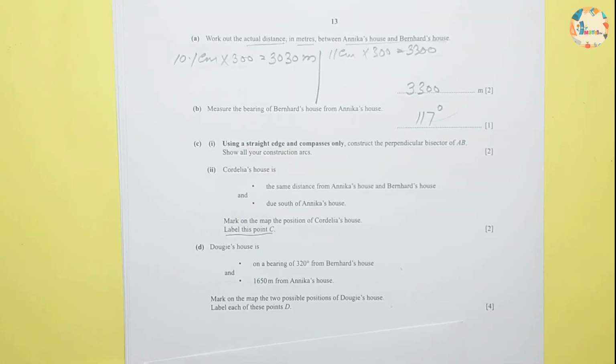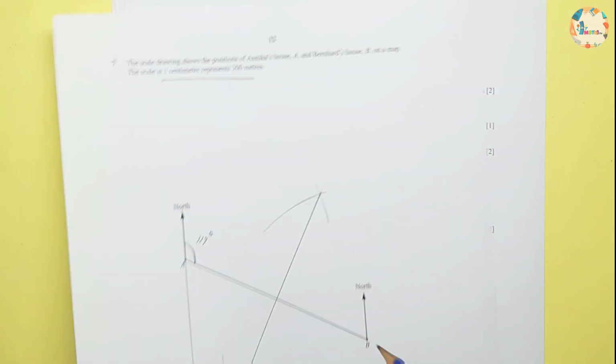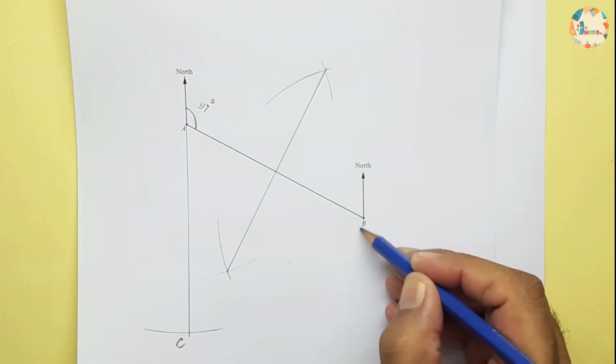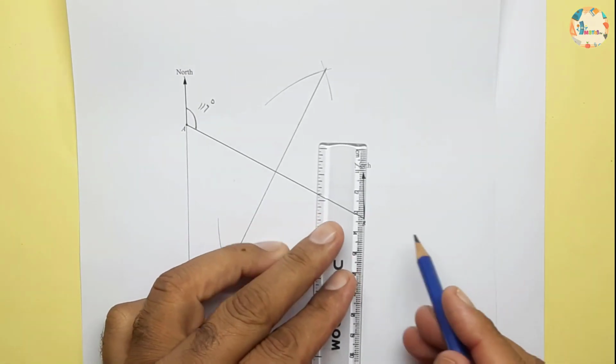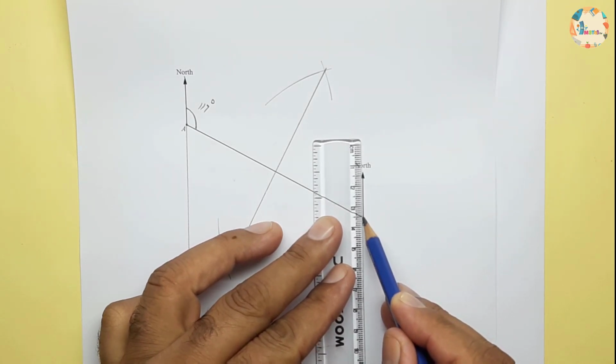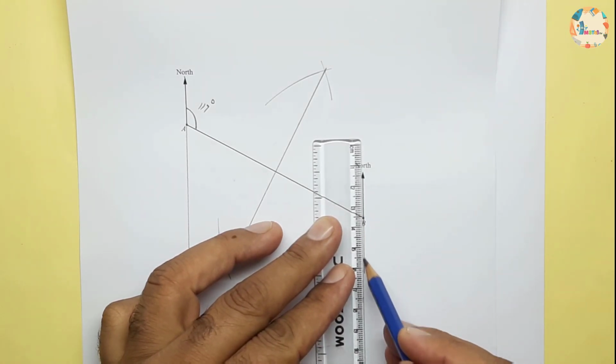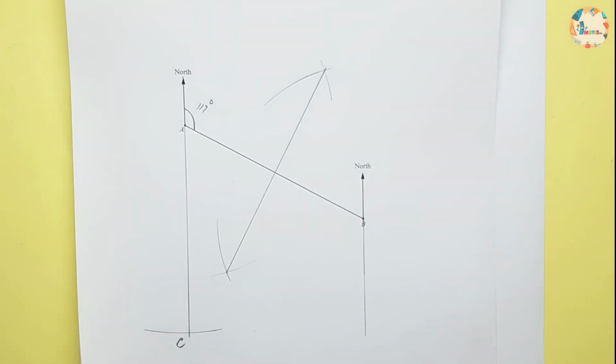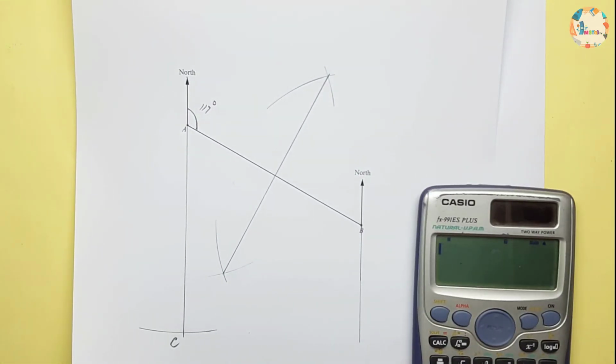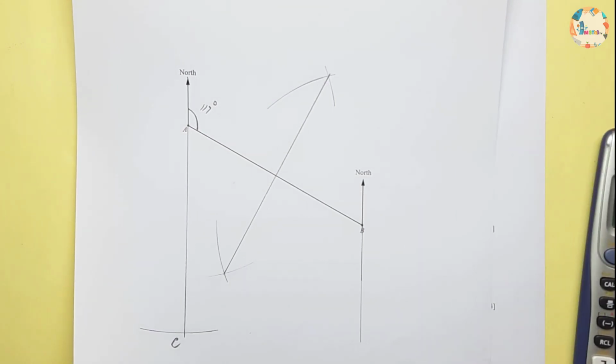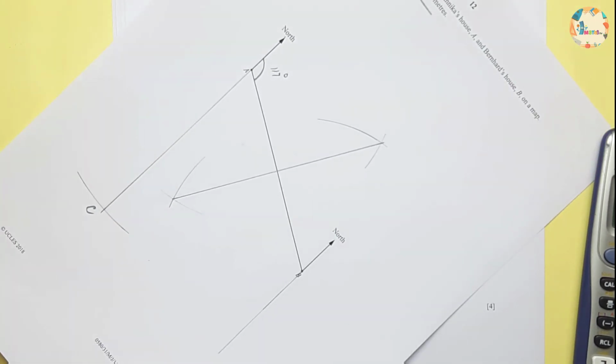And then they are saying Doggy's house is on the bearing of 320 from Bernhard's house. So from here 320. 180 will be this one, and 320 minus 180 will be equal to 140. So 140 we have to add in this.